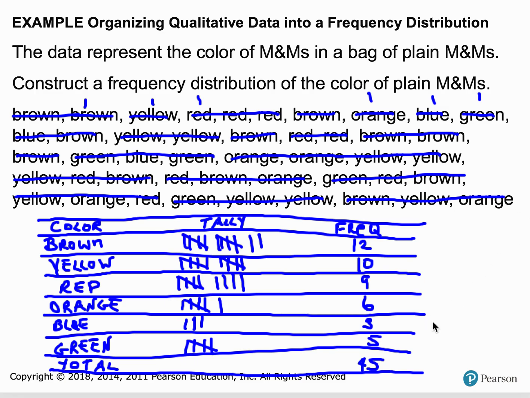So good. Now I'm going to take a second, guys, to make a note of those because I know I'm going to need those numbers in my next example. So brown, yellow, red, orange, blue, green, so I can refer to it without going back.